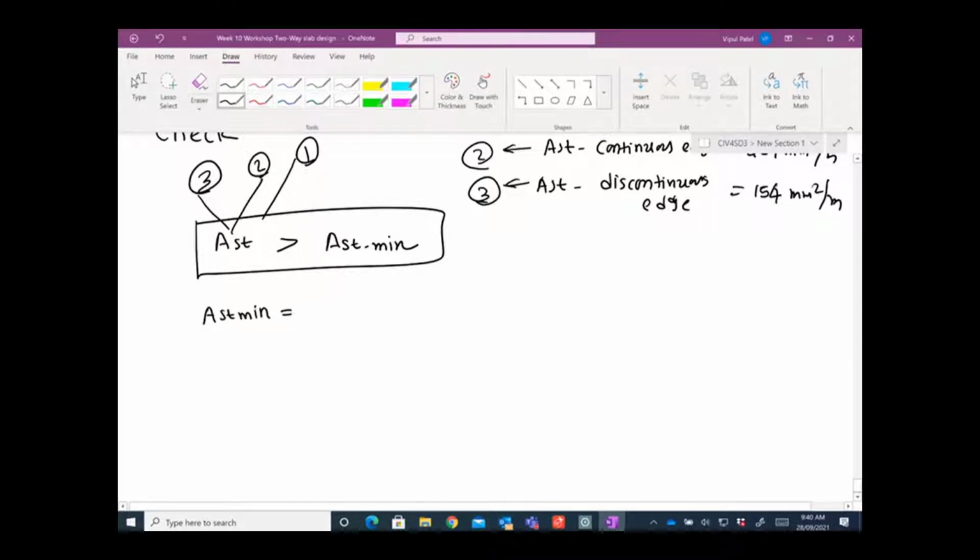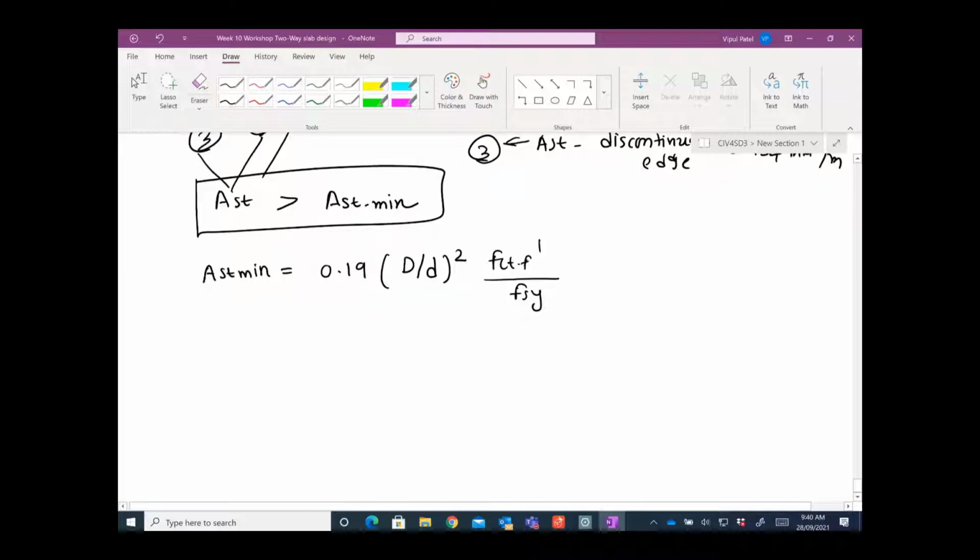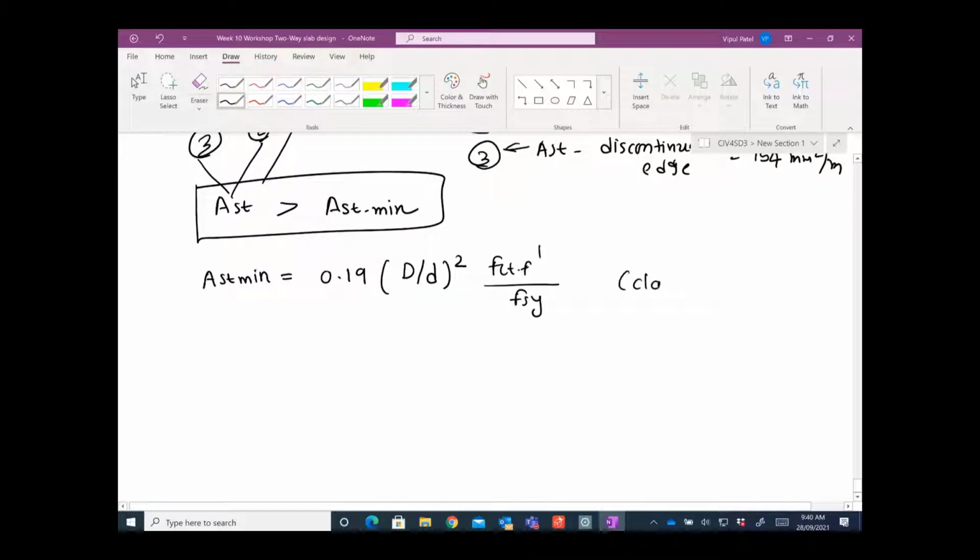That is to prevent brittle failure, that sudden snap failure, with f'ct.f over fsy. Now that is coming from clause 9.1.1.